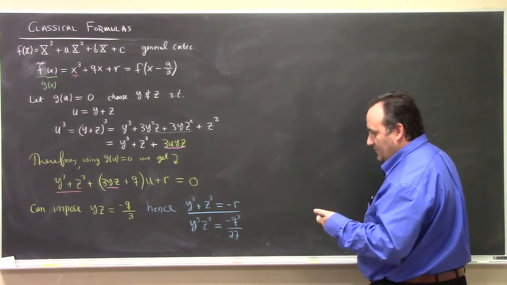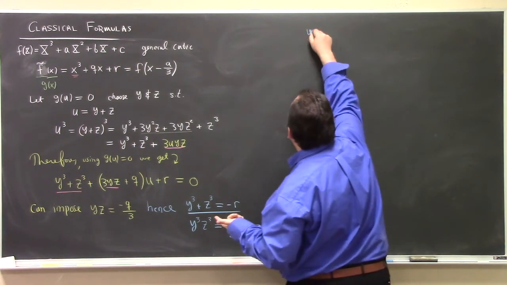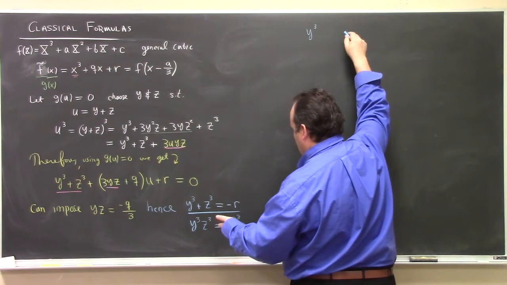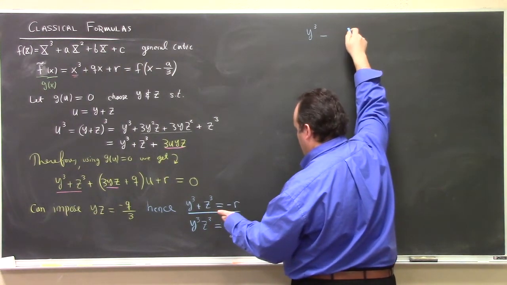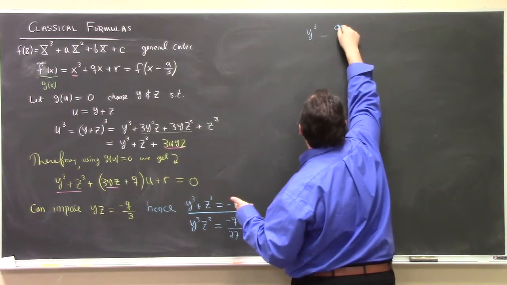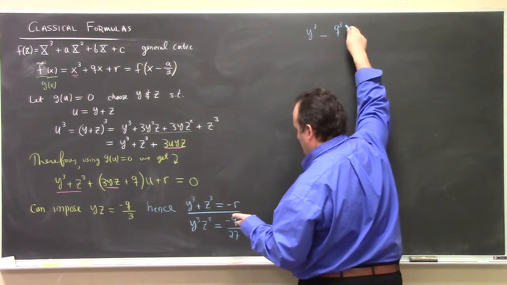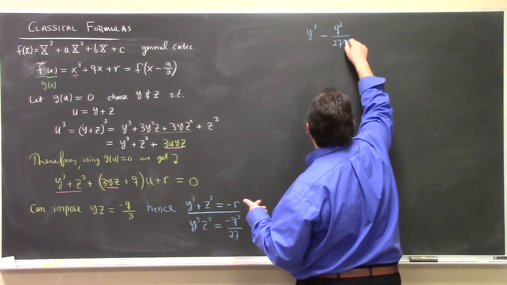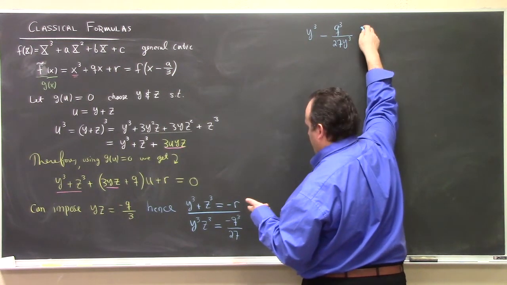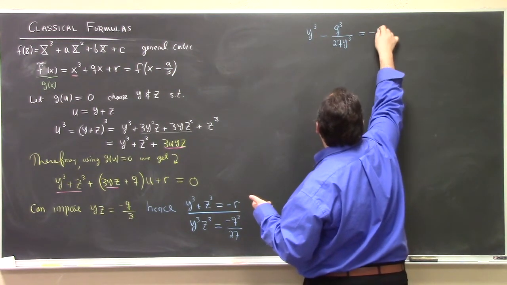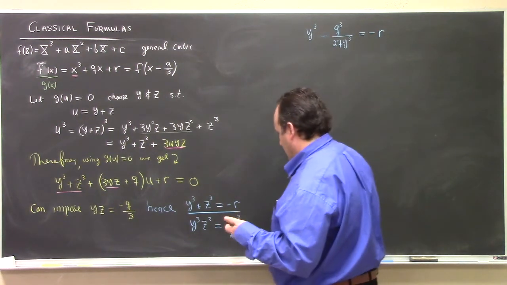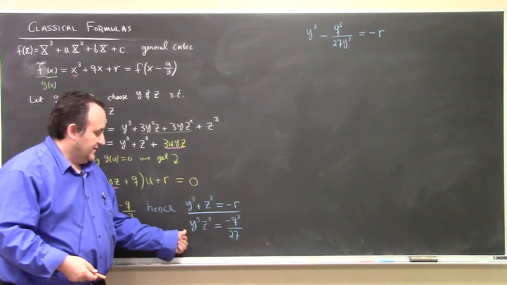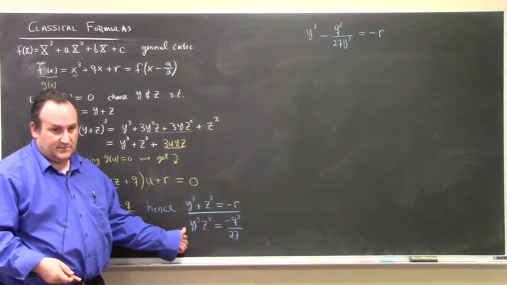If we want to just keep the y cubed, we'll get y cubed. z cubed is what? Minus q cubed over 27 y cubed equals minus r. So I just substituted this one. I solved this for z cubed and I plugged it in.